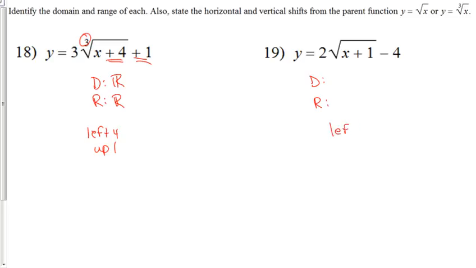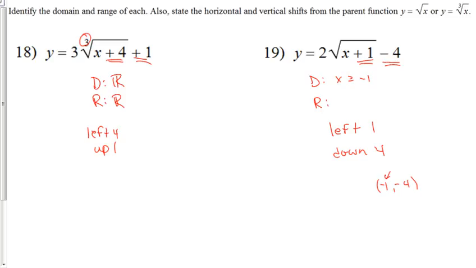This one is left 1. Remember, it's the opposite of that. And then the same as this, so it's down 4. So our starting point is negative 1, negative 4, which means our domain, x, has to do with the x number, greater than or equal to negative 1.